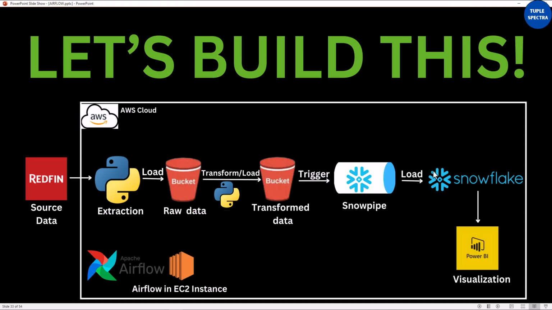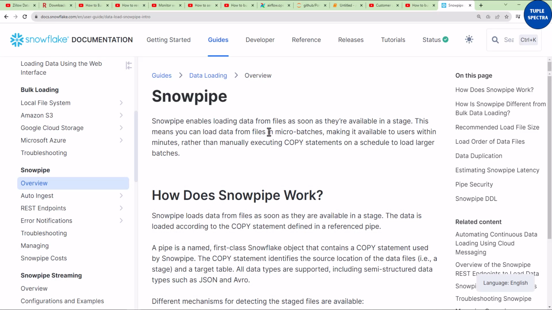We have integrated Snowflake to this S3 bucket, and we have given it our access key and secret key. We are saying, do what we want it to do, we have given you the access. But we need this Snowpipe, and this Snowpipe will enable loading from files as soon as they are available in a stage.